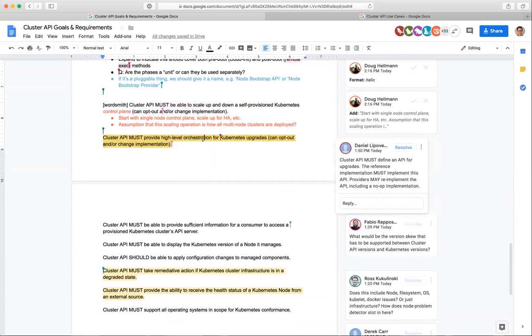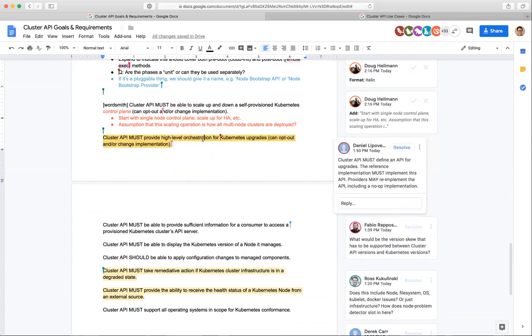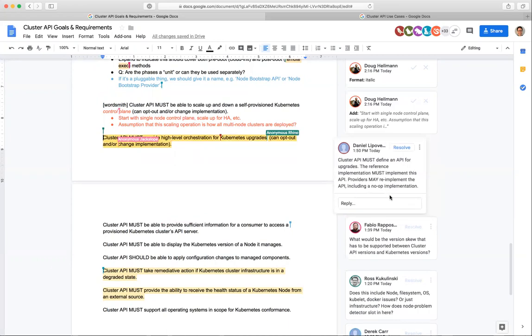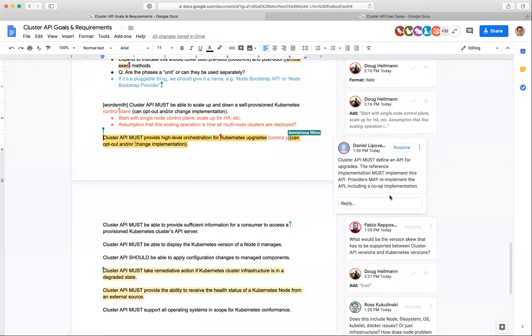And this would apply to an entire cluster, so control plane and non-control plane members. No comments, other than I see Daniel's got some suggested text here.